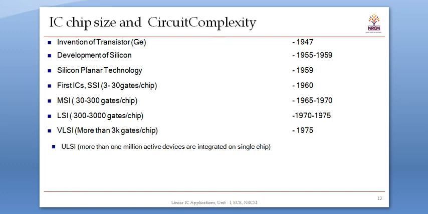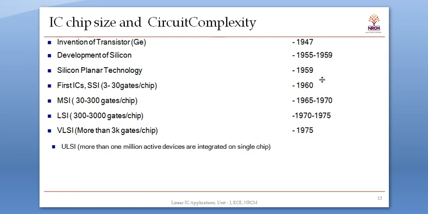Since that time, the size and complexity of ICs have increased rapidly as shown in the figure. As shown here, the chip size is going to increase as well as the circuit complexity.